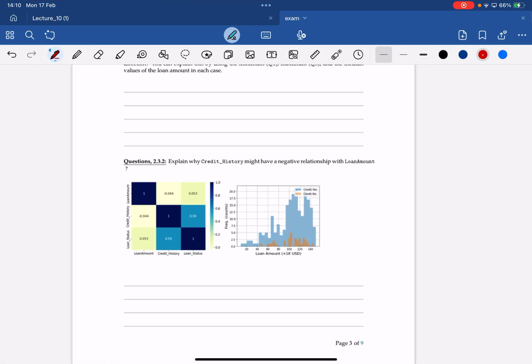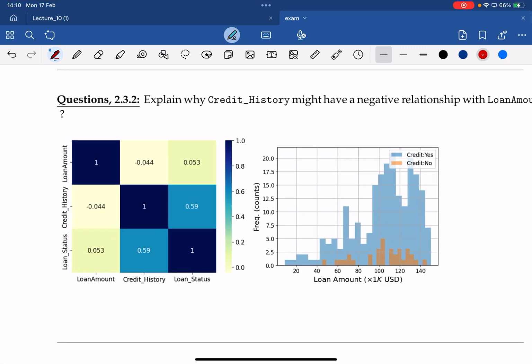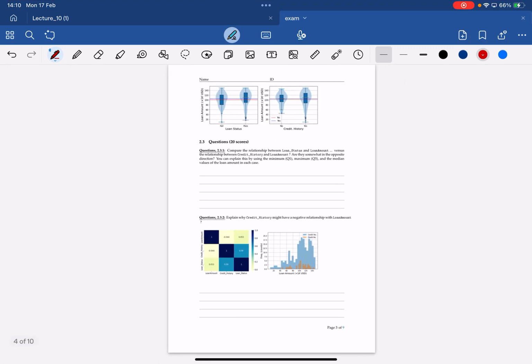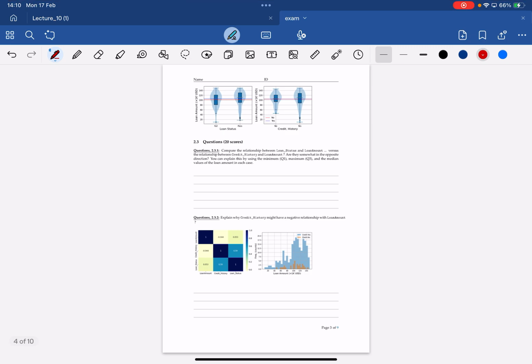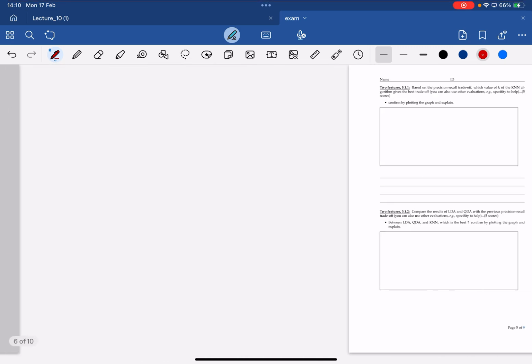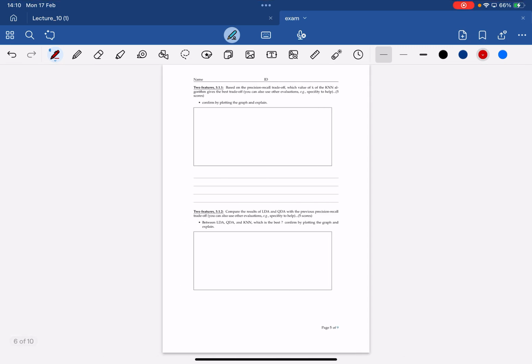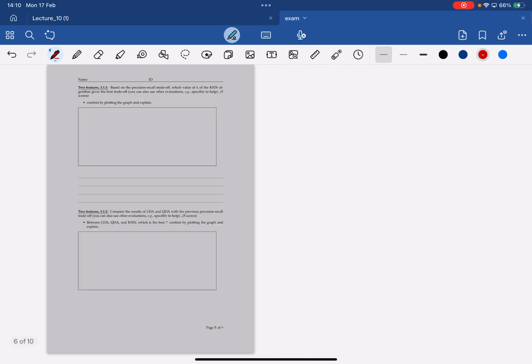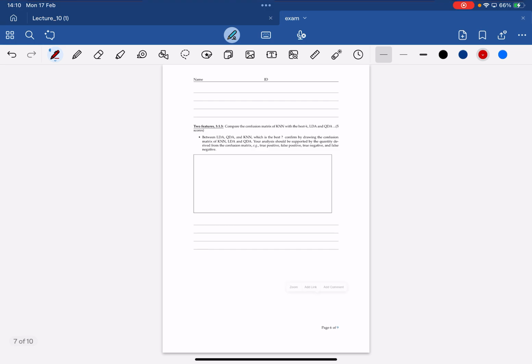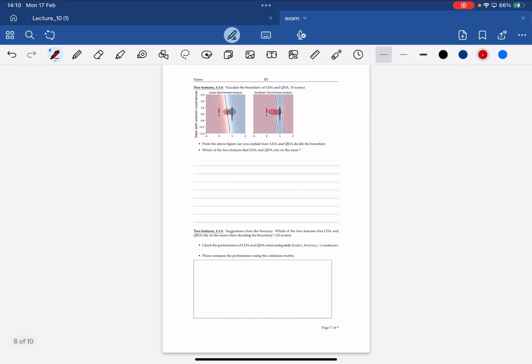More than that could be something like looking at the confusion matrix, or maybe correlation. I think this one is the correlation matrix, not confusion yet. But some questions would ask you to provide the confusion matrix, and maybe sometimes I may provide the confusion matrix and ask you to compute the F1 score.